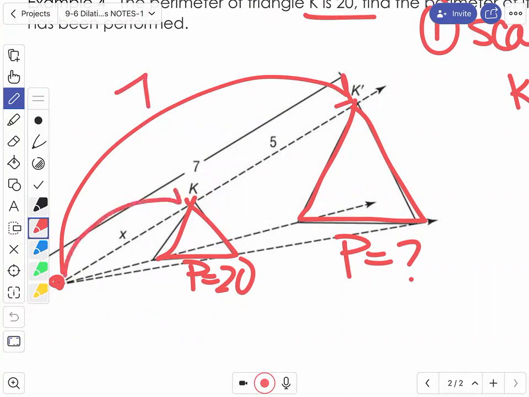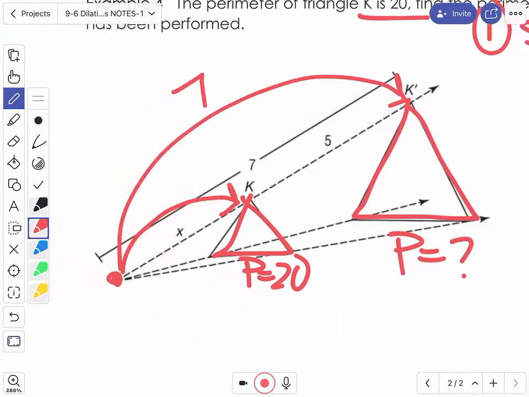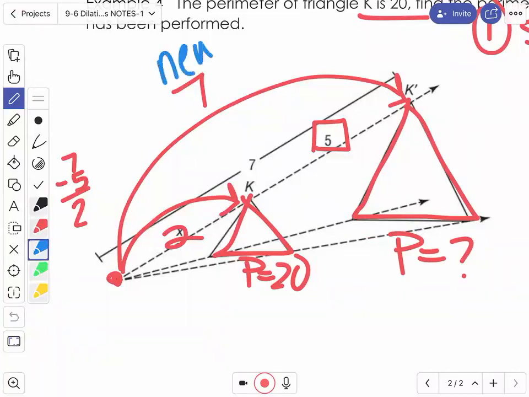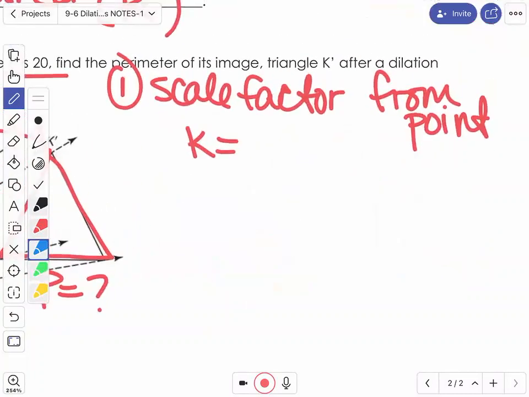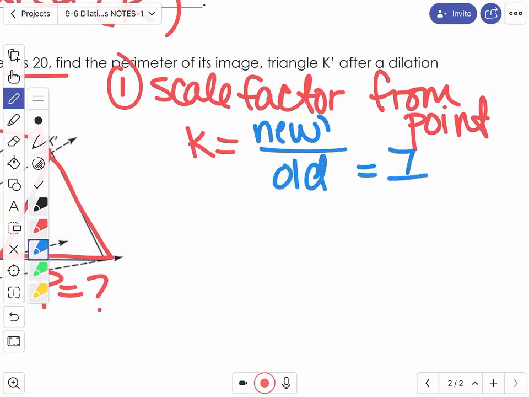Now I need to get to original K. Well, if all the way across was 7, 5 of that was used up between the two shapes. So 7 minus 5 means my leftover is 2. Remember, scale factor is new over old, and new will always come from the apostrophe. So 7 over 2. There is my scale factor.